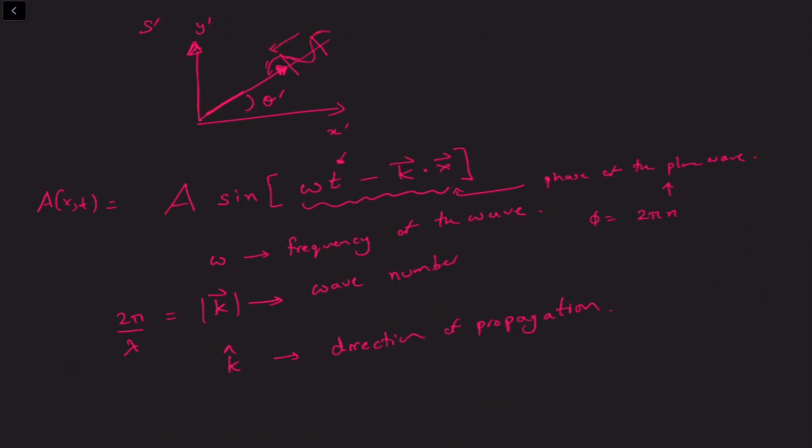The separation between these peaks is lambda. That's a physical distance between two peaks, as measured in the frame S prime. If you continue to draw the wave, you can think about wavefronts. These wavefronts describe the locations of the peak.